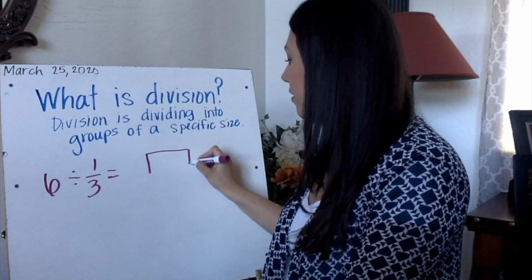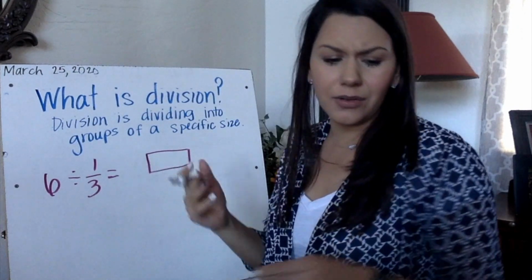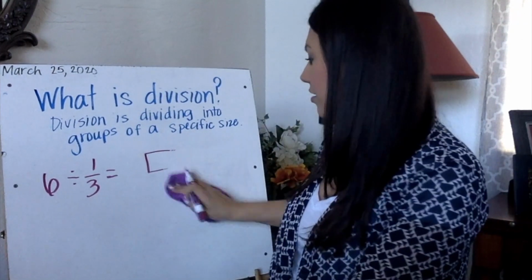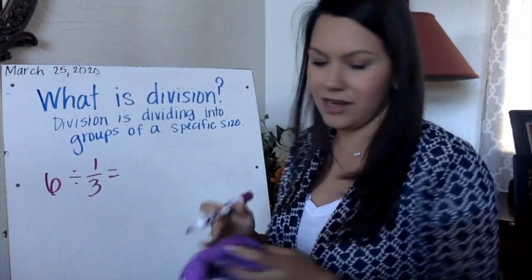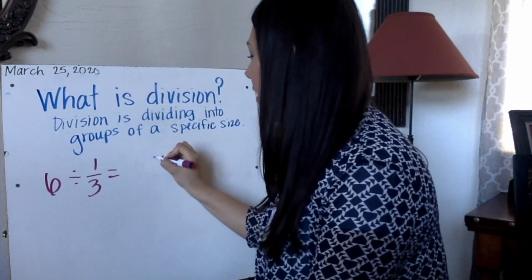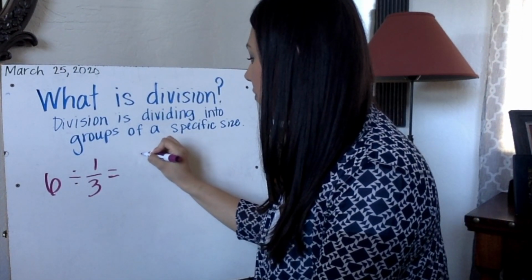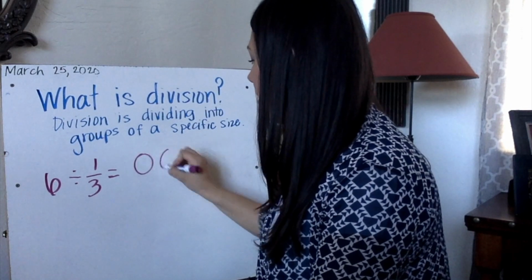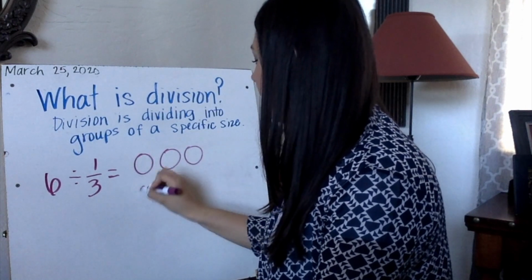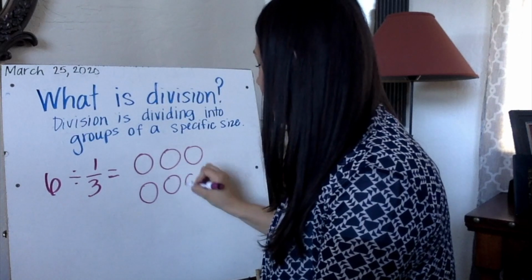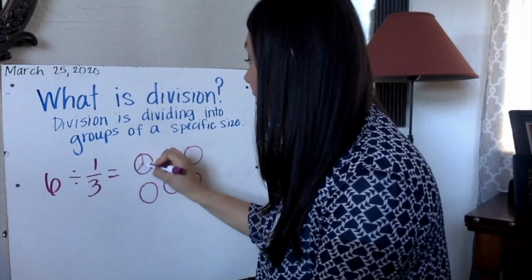Okay, let me see. If you don't want to do the bars, I just find those the easiest. We can do little pies. 1, 2, 3, 4, 5, 6, and I do it into thirds.